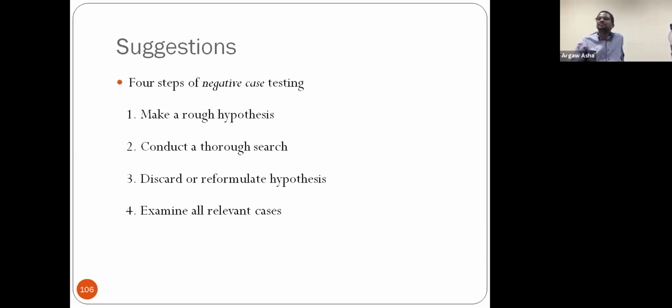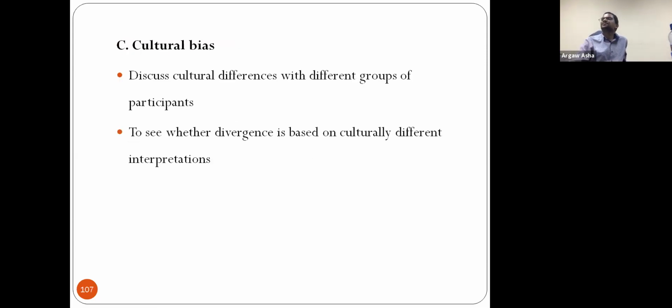As suggestions, if it is negative case testing, make rough hypothesis, conduct thorough research, then examine all those analysis cases. If it's cultural bias, discuss the cultural difference between the groups to see whether there is a divergence between cultural interpretations.